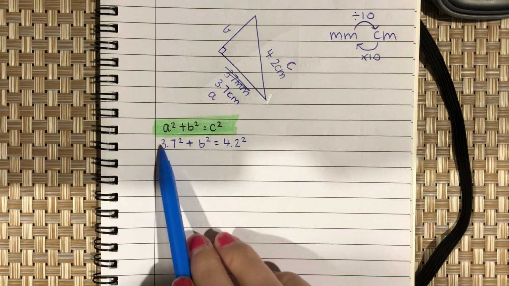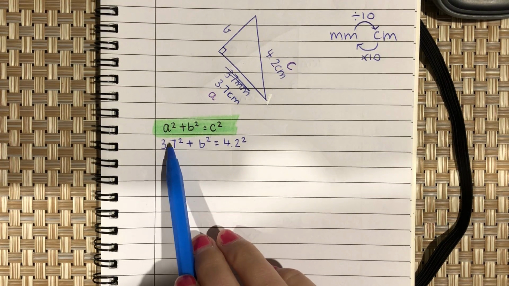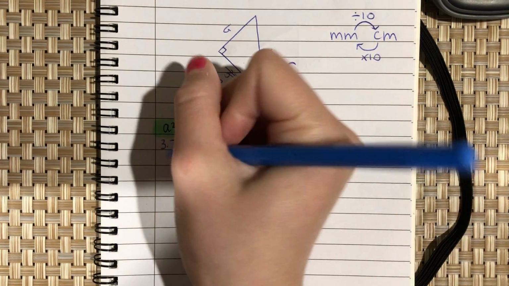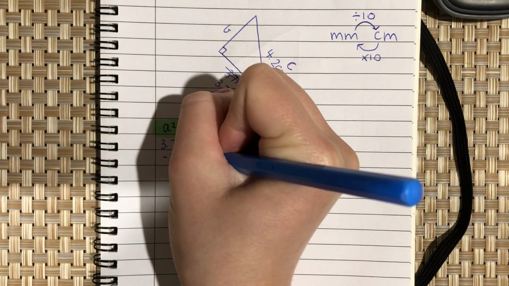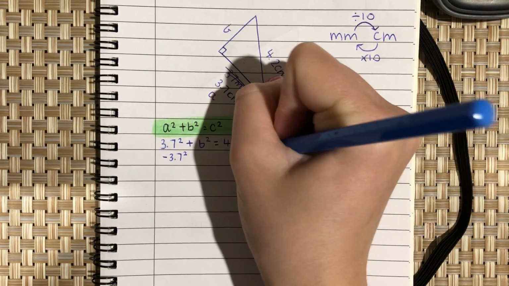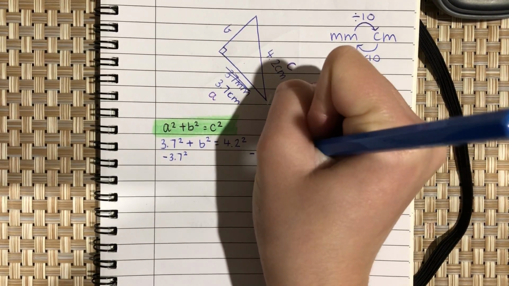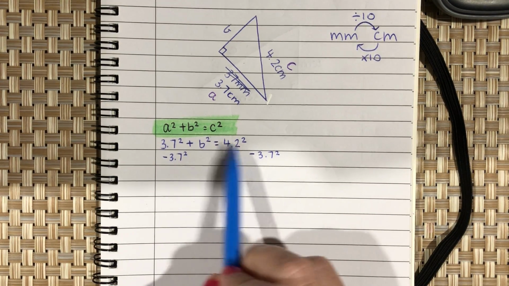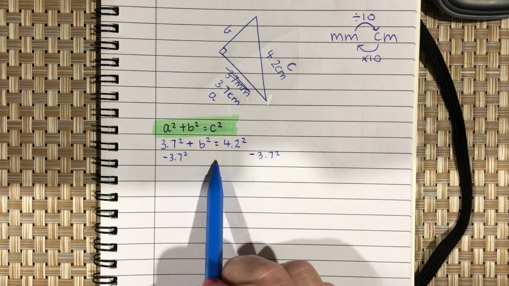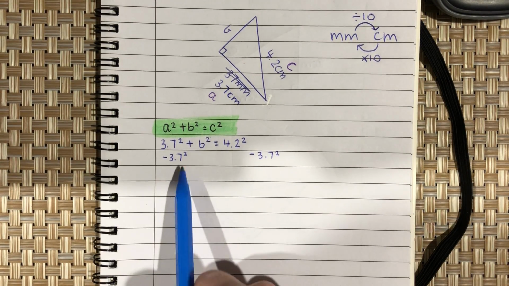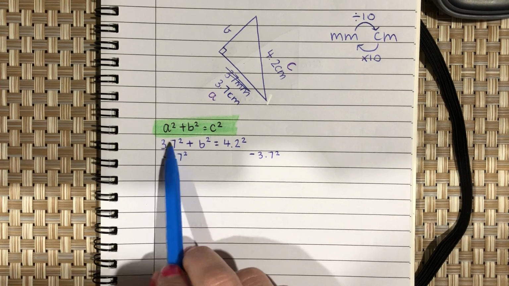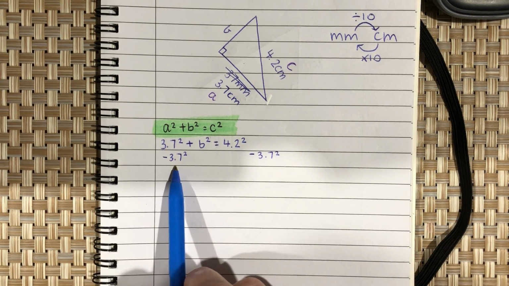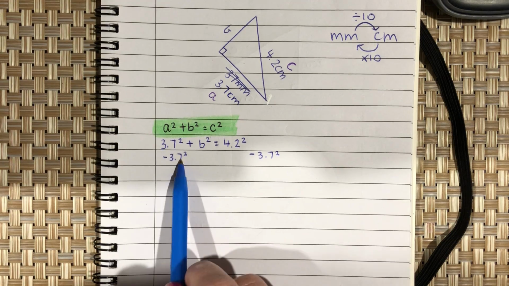This is a positive 3.7 squared. So to get rid of this, we are going to minus 3.7 squared to both sides. And by both sides, I mean both sides of the equal sign, okay? So this can kind of be seen as your middle. And then positive 3.7 squared and minus 3.7 squared cancels each other out.